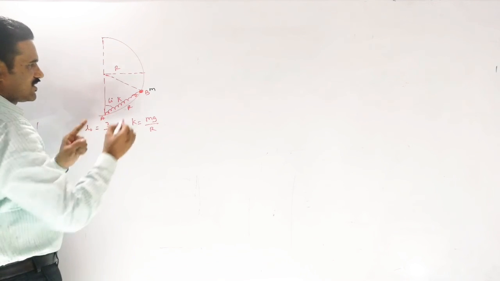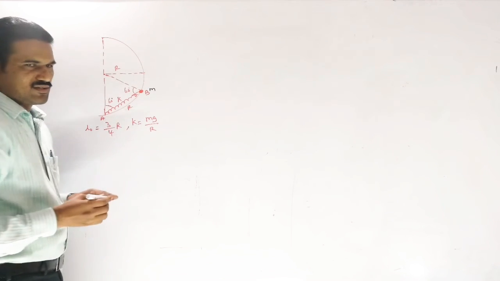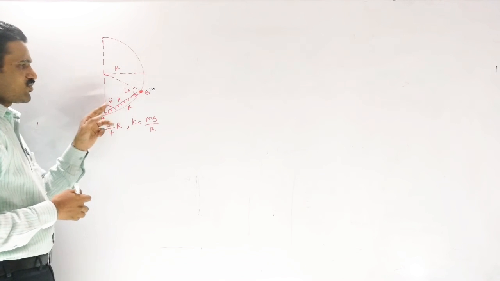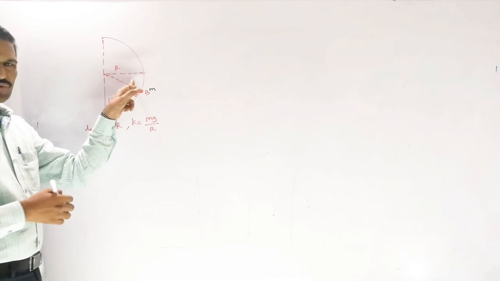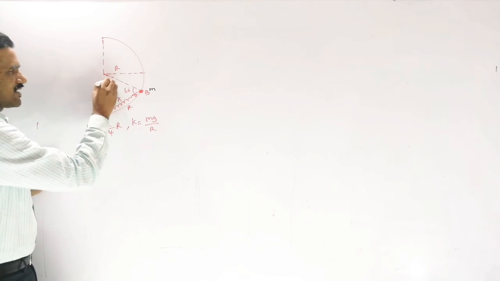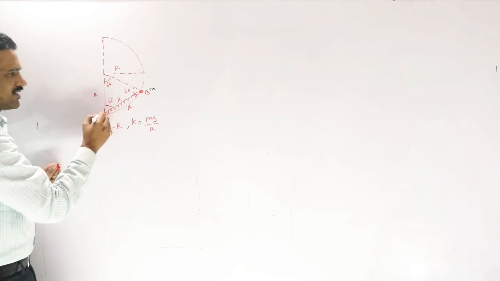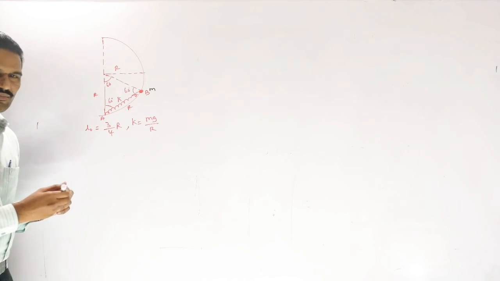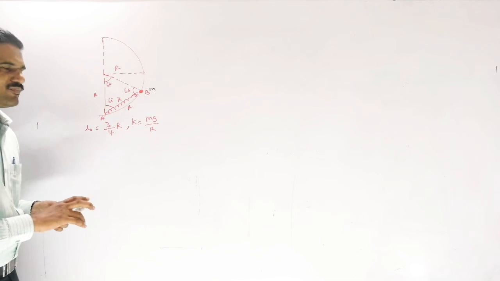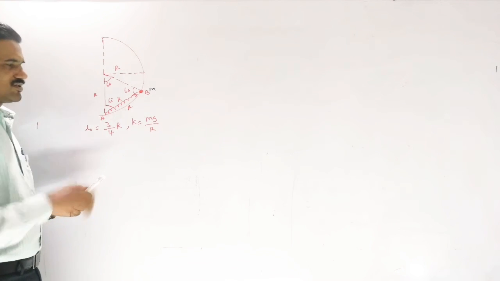If this angle is 60 degrees, then this angle should also be 60 degrees, right? Because this is a radius and this is also a radius here. So if these two angles are 60 and 60, then definitely this angle should also be 60 degrees. And so these two are radius r and r, which means this distance should also be r here. I am giving that r value already. If it is not given, you need to calculate the AB distance like this.